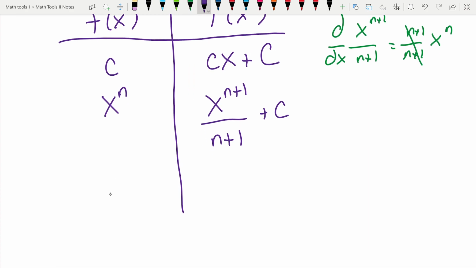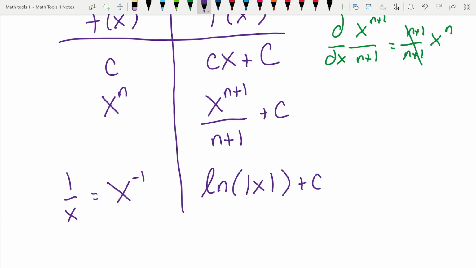So if we do x to the negative 1, in other words, 1 over x, the antiderivative is the natural log of the absolute value of x plus c. First of all, why do we have an absolute value in here?